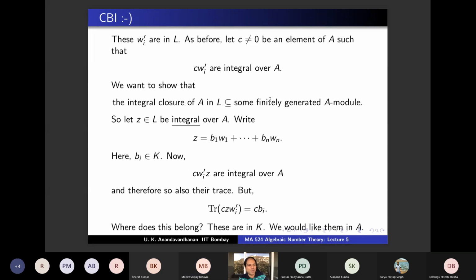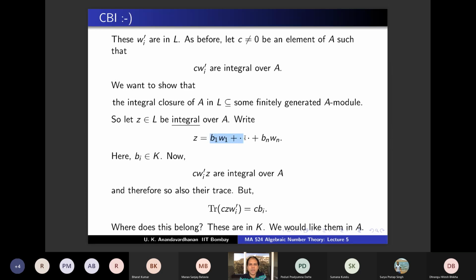I'm just getting responses from you so that you will remember. That's the whole point. Why we want them to be in A will be clear in the next slide. It's kind of clear, but not so clear. It will be clear only when I state the thing. Since you have asked, I can explain. The point is, we want to show that there is a finitely generated A module in which Z belongs.